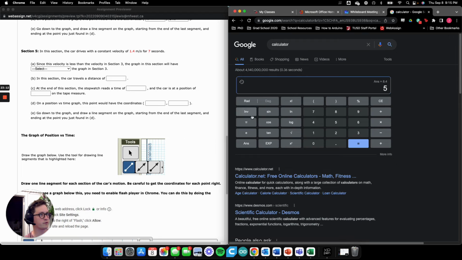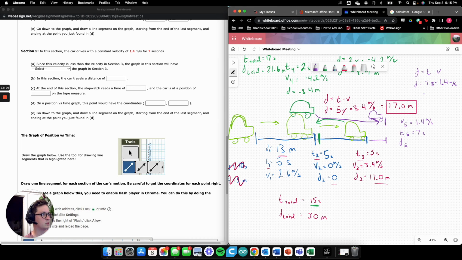I don't know where I got a 5 from. 9.8. Okay, so distance is equal to 9.8. Okay, seconds cancel out, leaving us just with meters. Okay. So distance is 9.8 meters, and that's in the positive direction.